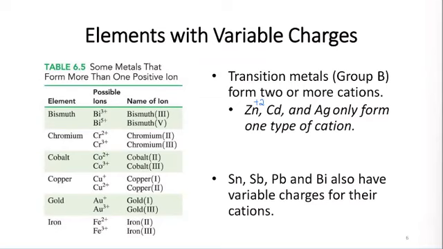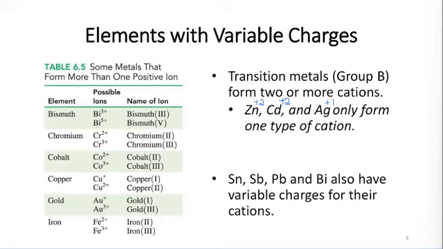Cadmium always loses 2 electrons, so that is also +2. Silver always loses 1. So understand that even though those elements in group B can form 2 or more cations, that applies to everybody except zinc, cadmium, and silver.